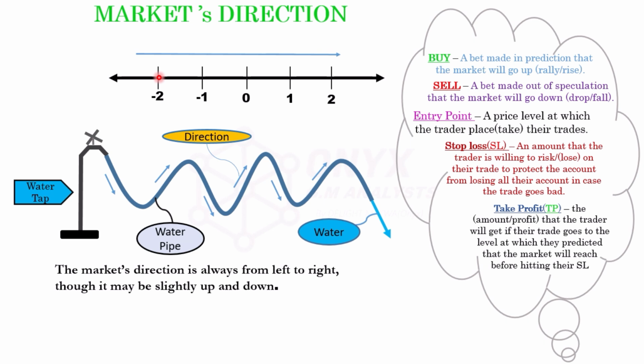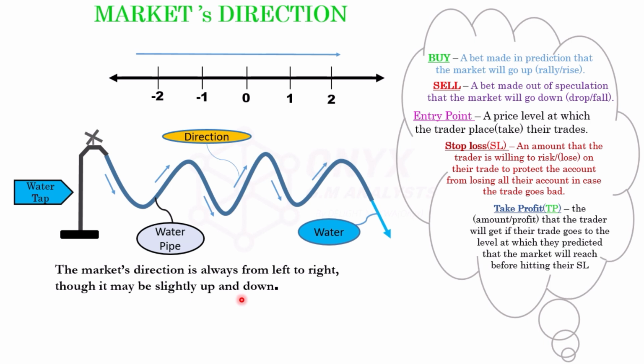But I need you to understand this basic concept: 0 is our current focused moment, and then we are going to be moving from 0 into the future, which is 0, 1, 2, 3, etc. Now, the market moves from left to right all the time. The market's direction is always from left to right, though it may slightly be up and down.